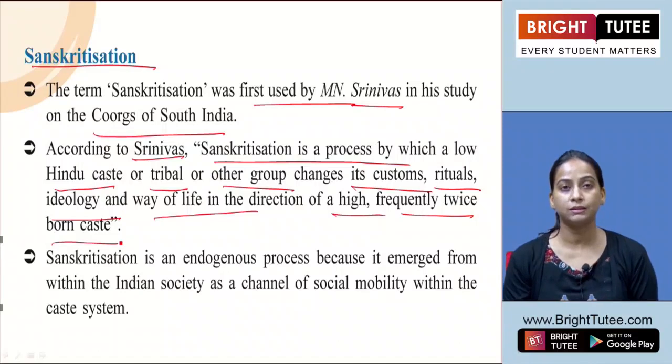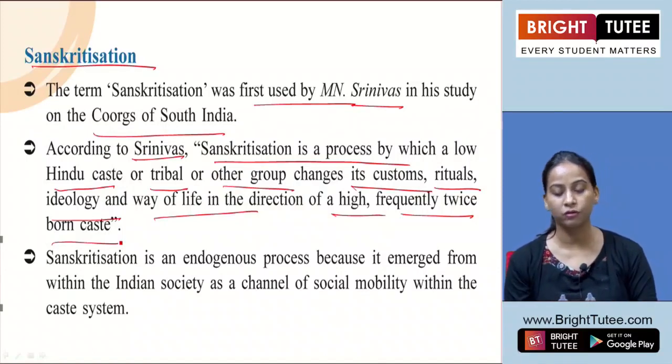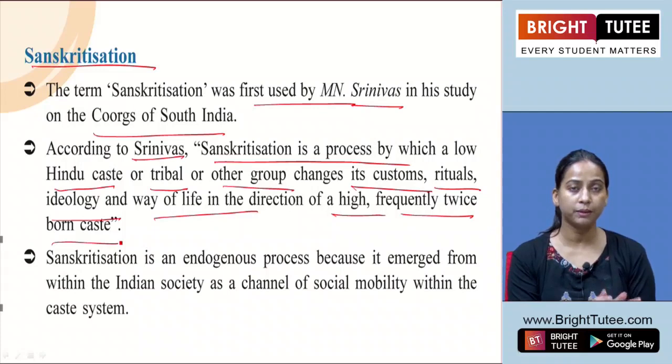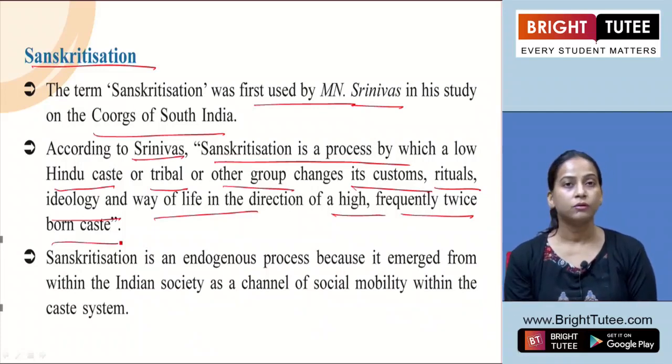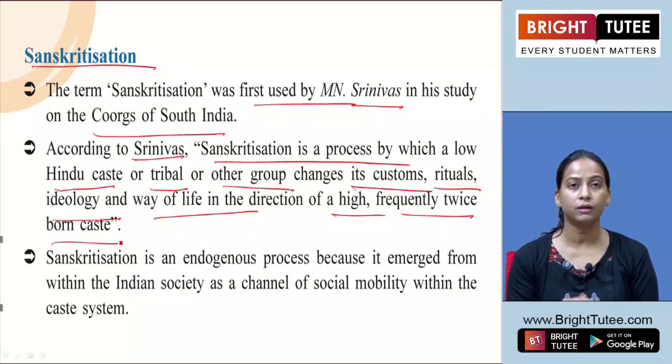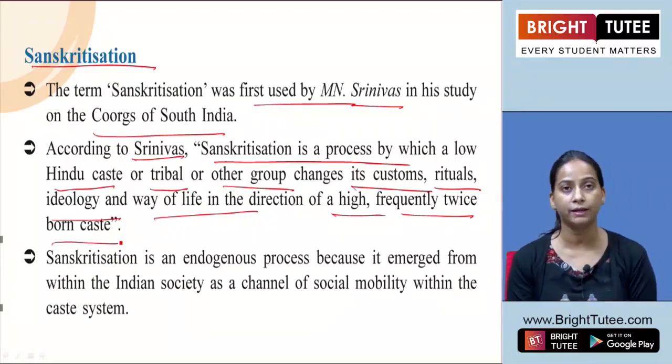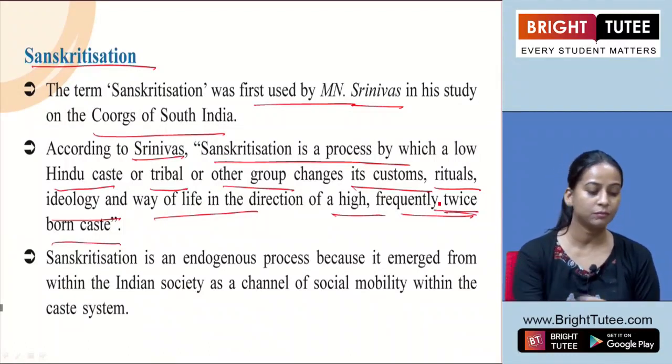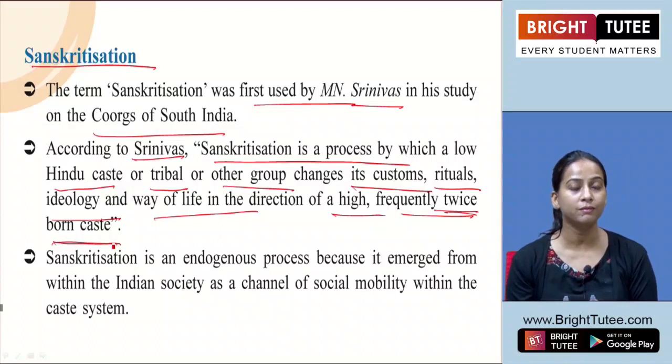Here we need to understand what this process actually is and how it was defined by M.N. Srinivas. He mentioned that when a low Hindu caste group or other tribal group people try to change their beliefs, their customs, their ideas, and are very much influenced by the twice-born caste, twice-born caste means the other three upper castes of Hindus, that is Brahmins, Kshatriyas and Vaishyas.